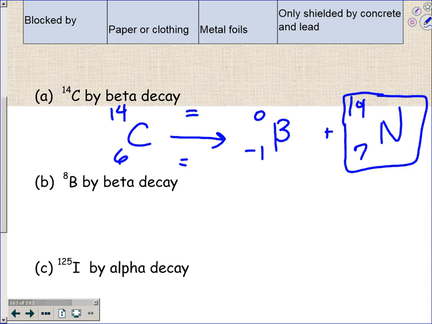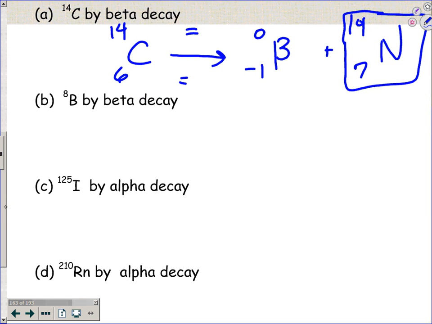All right, next one. Can you guys do B and C? You might need your periodic table unless you have super hot moving.